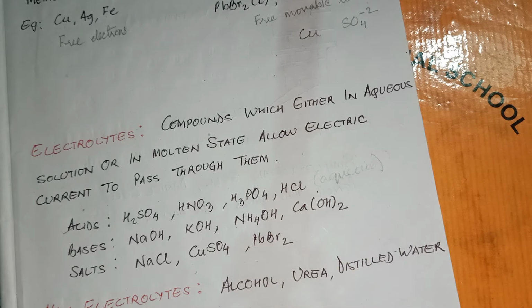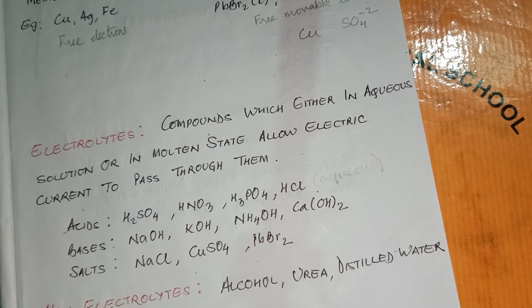They can all be electrolytes, again in their aqueous state. Salts are also examples of electrolytes, such as sodium chloride, copper sulfate, lead bromide, and various other salts. Again, they have to be in their aqueous state or in their molten state. These are some of the examples of electrolytes.